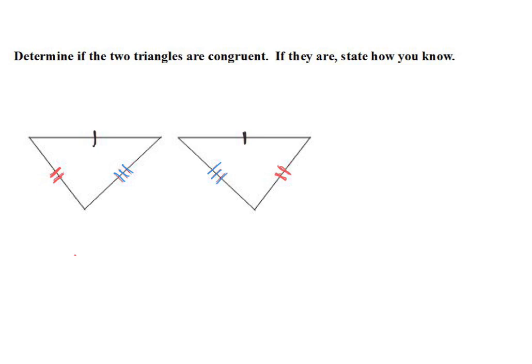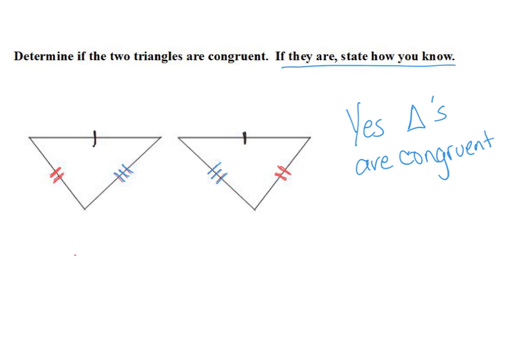Because all 3 sides are congruent, the triangles are congruent. So yes, the triangles are congruent. And the reason I know they are congruent is because of the side, side, side postulate. All 3 sides are congruent.